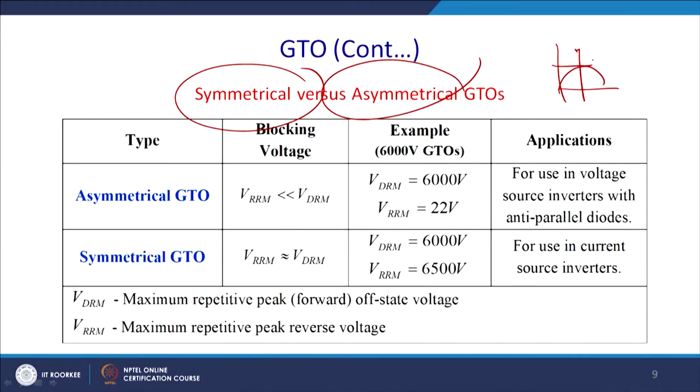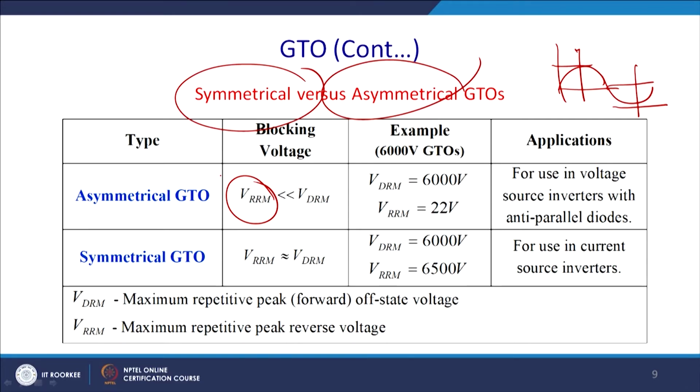So, what happens is it will be blocking forward peak inversion voltage as well as, in reverse, the same voltage. We have discussed in previous slides that this is the peak repetitive voltage. In an asymmetrical GTO, VDRM is much greater than VRM, the repetitive reverse voltage.